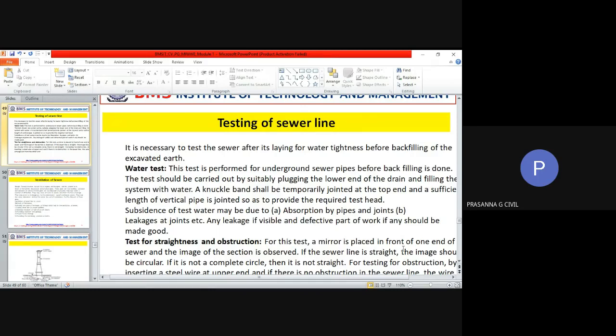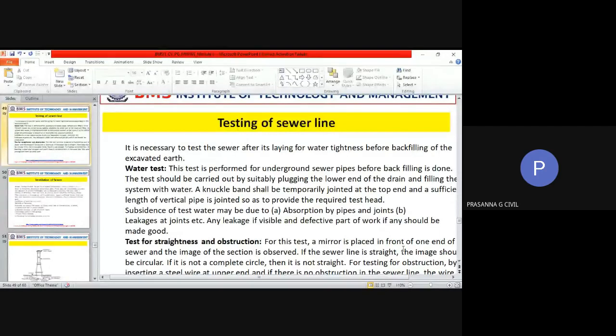That is also decided based on whether it is a lateral, the diameter of the pipe, the type of soil where you are doing the work, the level of groundwater available there, etc. Based on all these factors, you will decide how much bedding is to be provided so that your pipe rests firm and doesn't get squished or just penetrate into the soil because the soil is very soft.